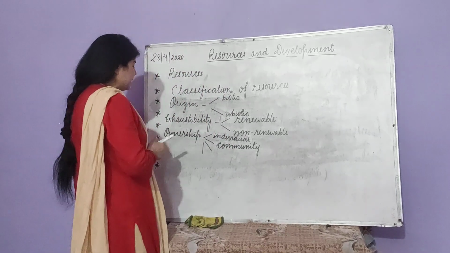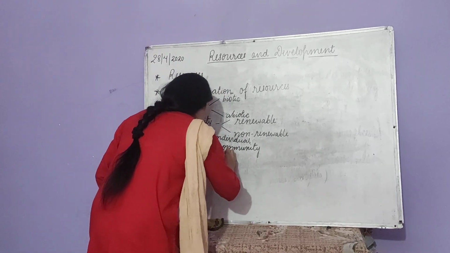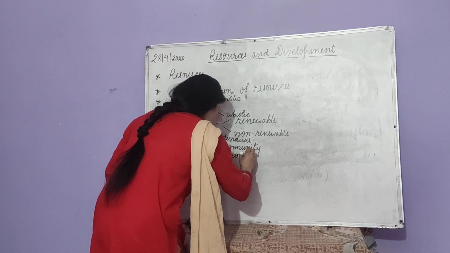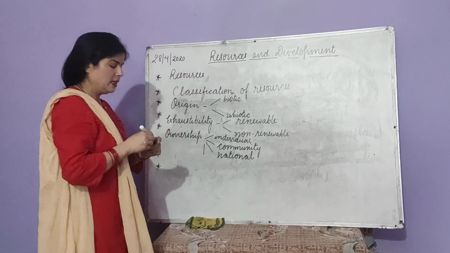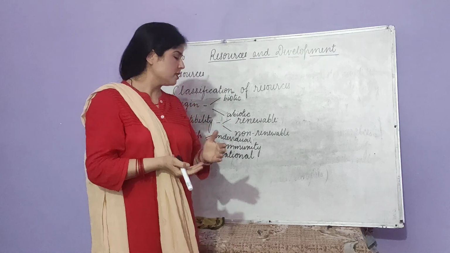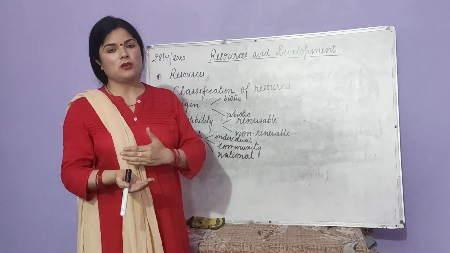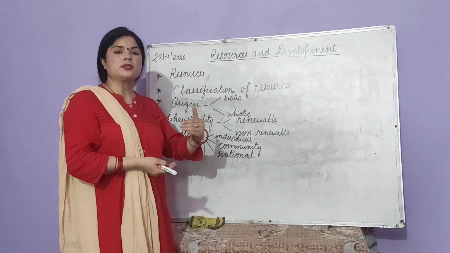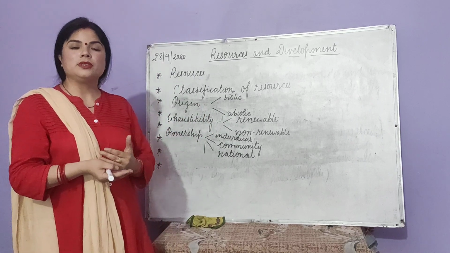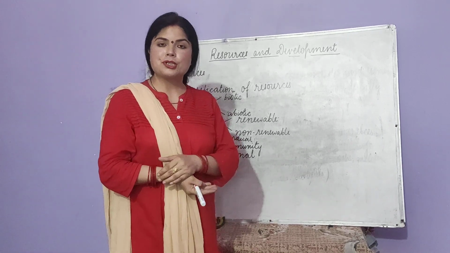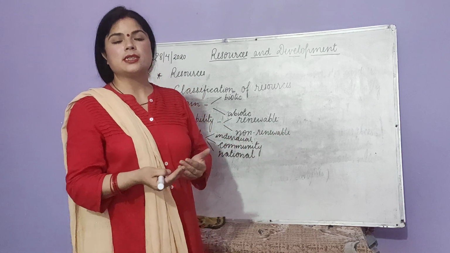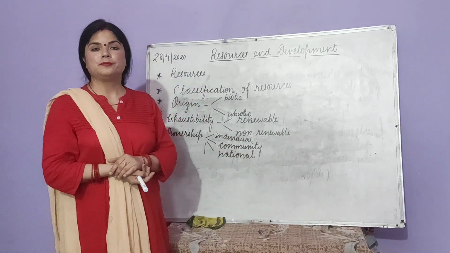Now, next is natural resources. Natural resources are also similar to community resources because under this resource, all the people of the nation or country are free to use these resources equally.